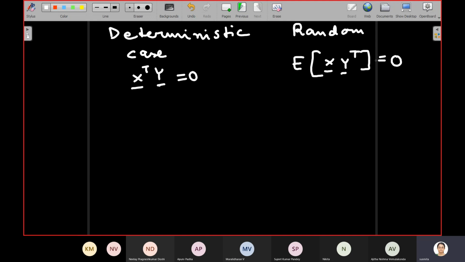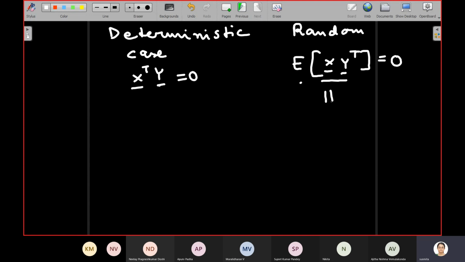Random means they can take any value. By doing expectation, we are actually interested in their average, the average of the product. So only from the average can we draw some meaningful conclusion. Otherwise, it is purely random. We can't say anything about it.